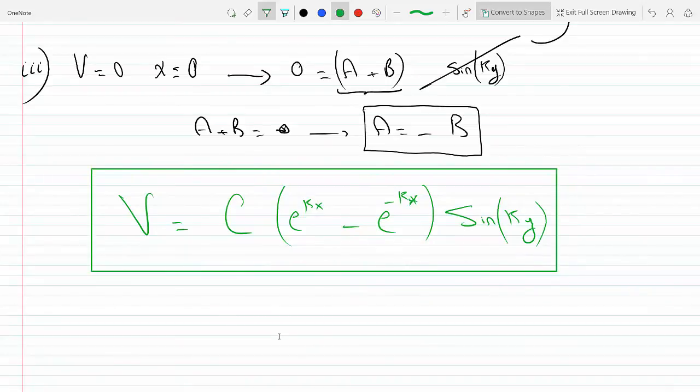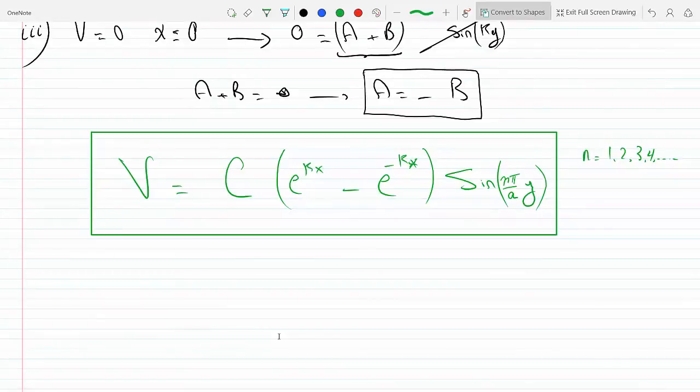Now, of course, since k is n pi over a, I can remove it. But n could be anything. N is 1, 2, 3, 4, etc. And so technically, this turns into a summation, right?